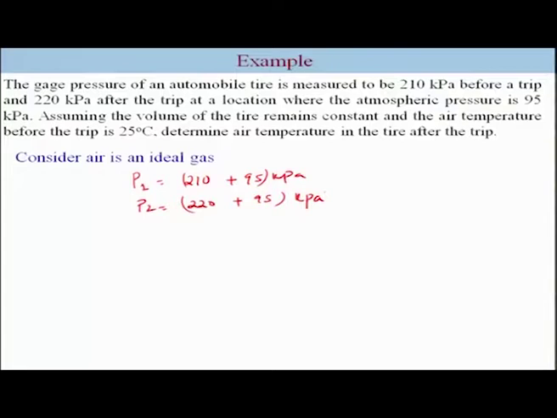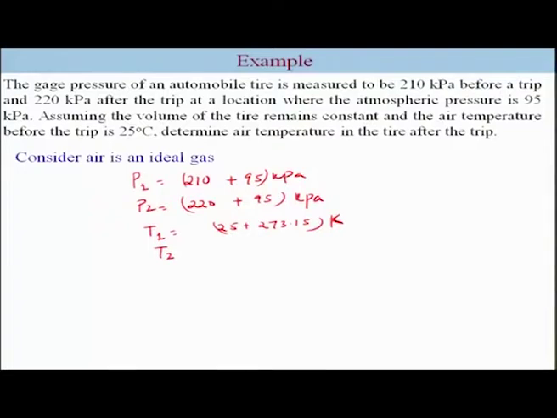What is being said is to assume that the volume of the tire remains constant and the air temperature before the trip is 25, so it is 25 plus 273.15 Kelvin. Now what we need to find is T2.